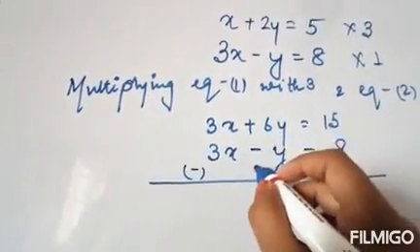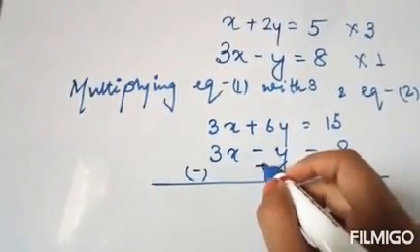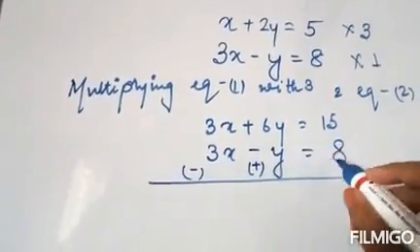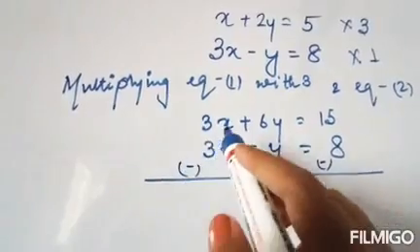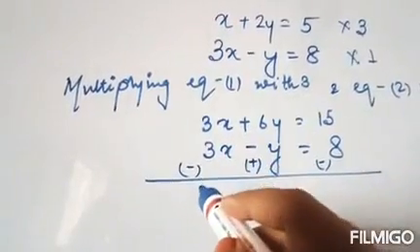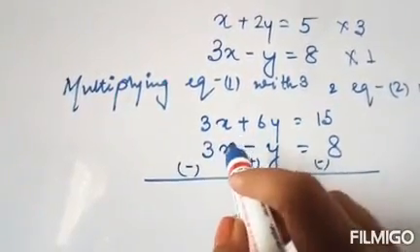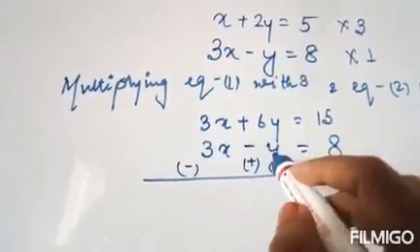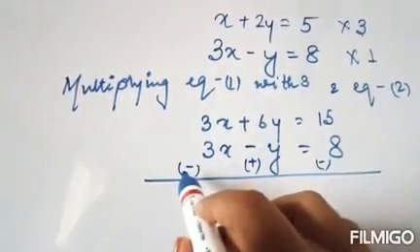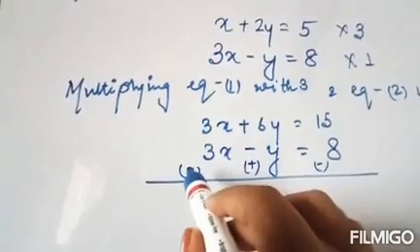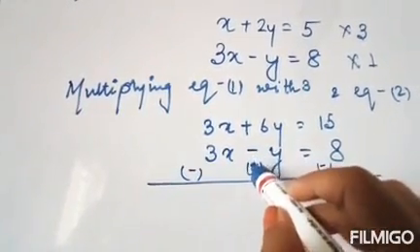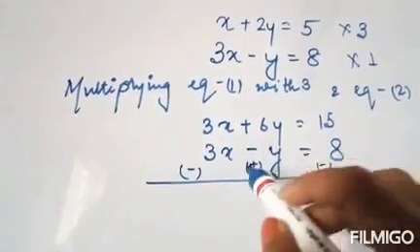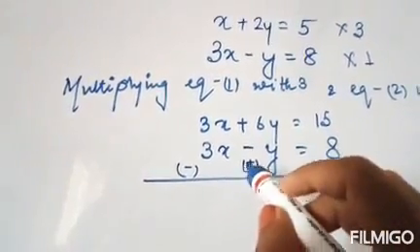So this is minus, which means it will become plus, and this is plus, which means it will become minus. I cannot just change the sign of the first variable and leave the others. When I change the sign of the first coefficient, I have to change the sign of the constant as well as the second variable.